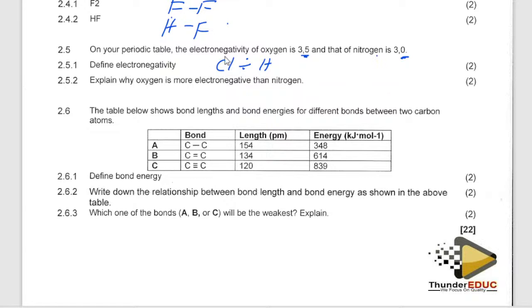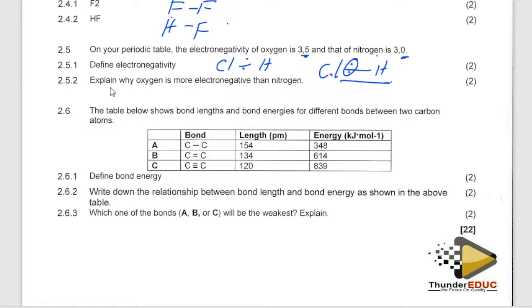Because this one has the ability to pull the bonding pair of electrons toward itself, that ability is what you call electronegativity. I also gave an example of father and mother, who loves money most. People were saying that the mother loves money most, therefore the electrons, the money, is pulled to the side of the mother. So basically that is the power of this atom to pull the bonding pair of electrons toward itself, and that is what you call electronegativity.